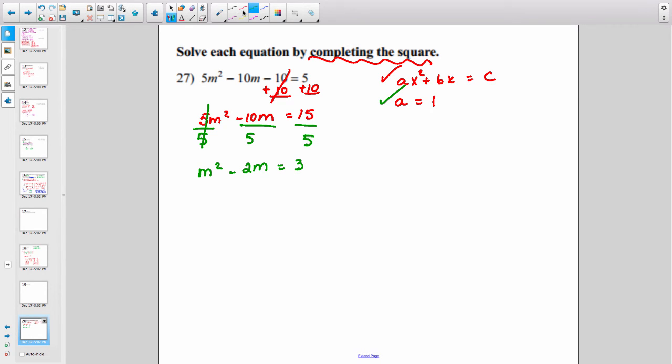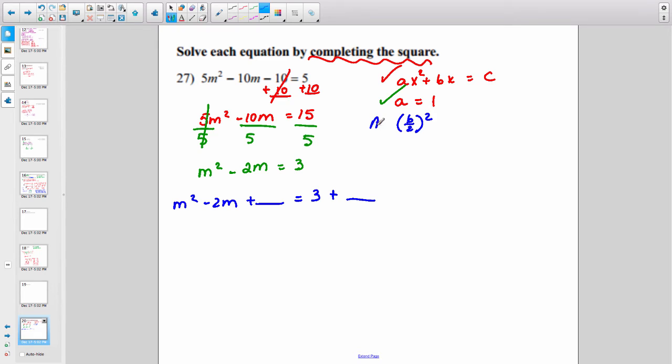Next step. Let's make a perfect square. So I know we like to write it like this. m squared minus 2m plus something equals 3 plus something. That something is this: b over 2 squared.